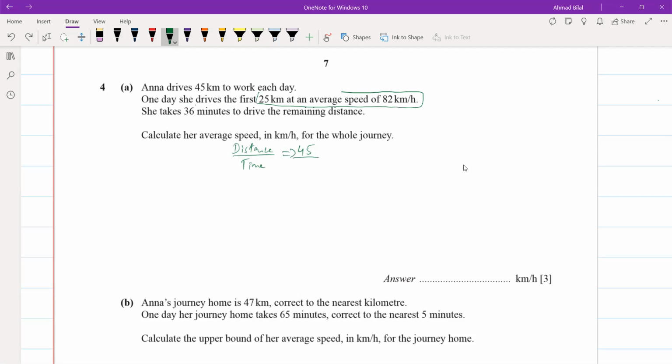What we do is we find the time taken for this first part as well. ये क्या होगा? टाइम यहाँ पे we have the units correct already. This is in kilometers, this is in kilometers per hour, so we don't have to worry about that. We just have to apply the formula. That's time equals distance over speed. आपने अगर उसको किया हुआ है वो भी कर लें. That's speed equals distance over time.